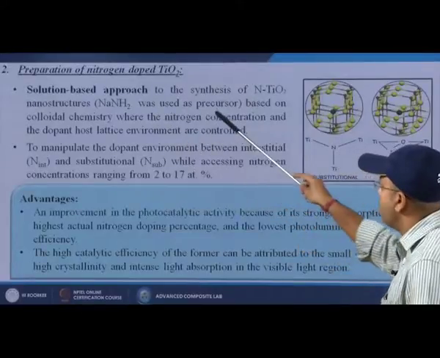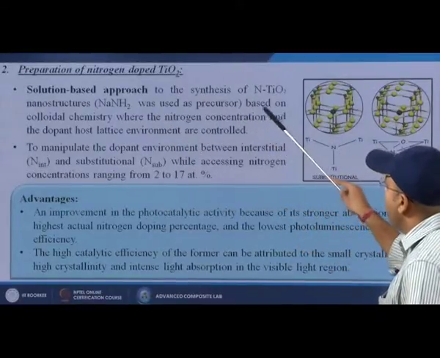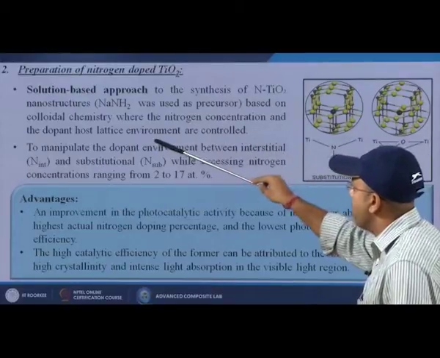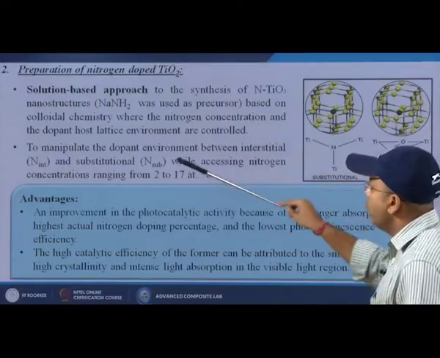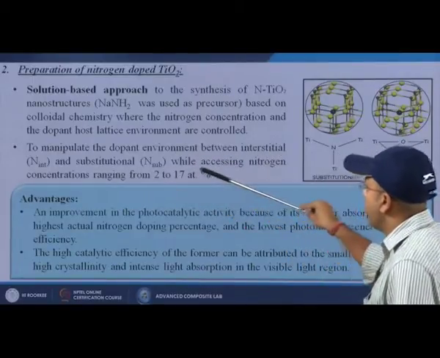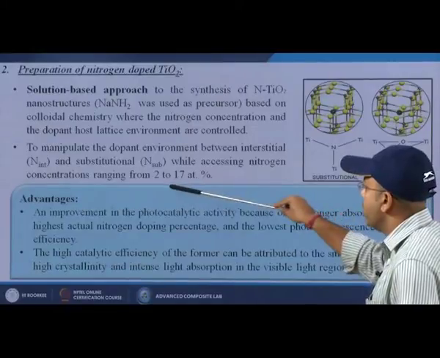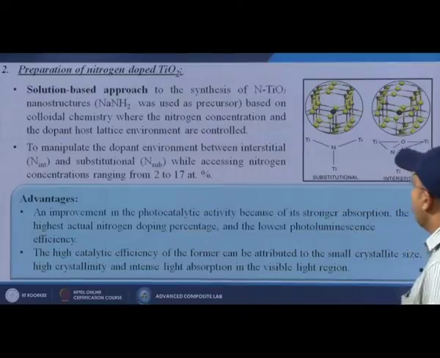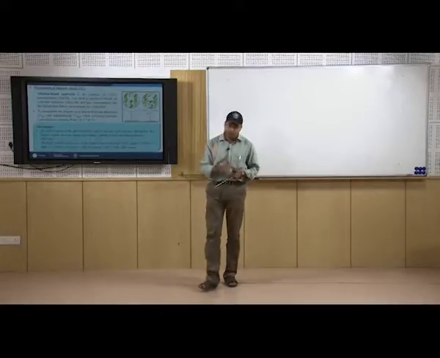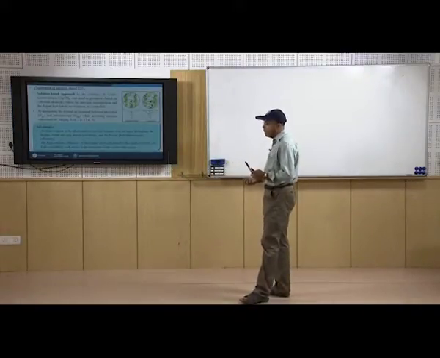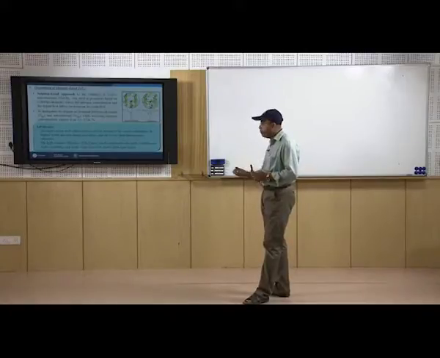Generally NaNH2 was used as a precursor, based on colloidal chemistry, where the nitrogen concentration and the dopant host lattice environment are controlled, to manipulate the dopant environment between interstitial and substitutional while accessing nitrogen concentrations ranging from 2 to 70 in atomic percentage. So here the doping can be done by both methods, either substitutional or interstitial, but it depends upon the loading of the nitrogen concentration at the time of reaction.